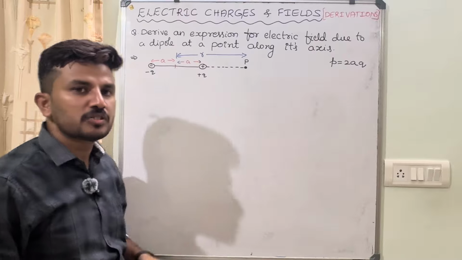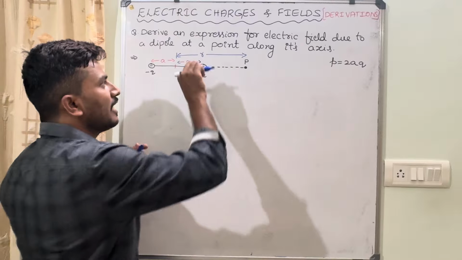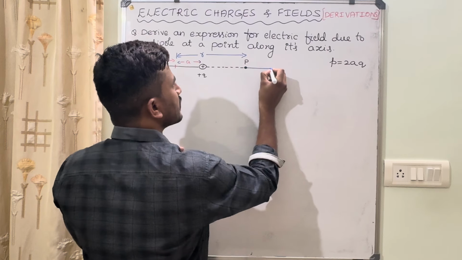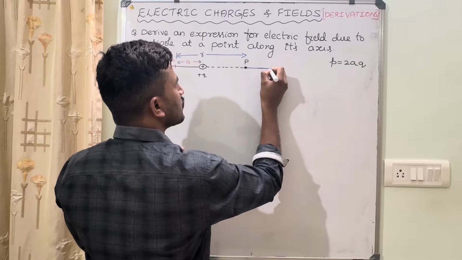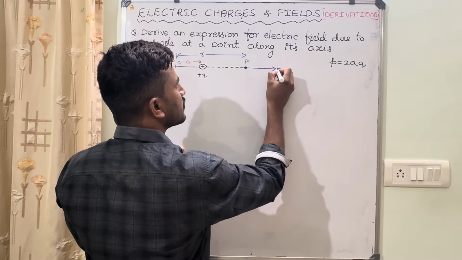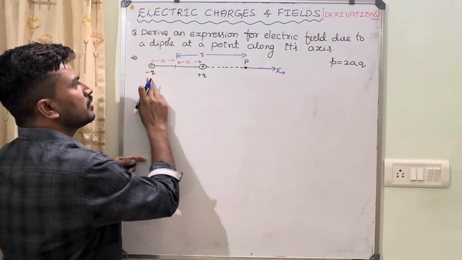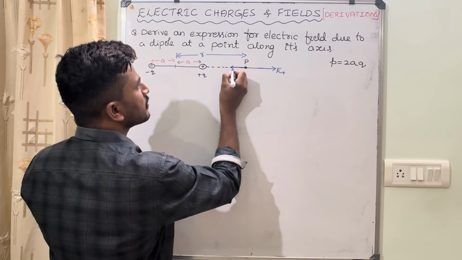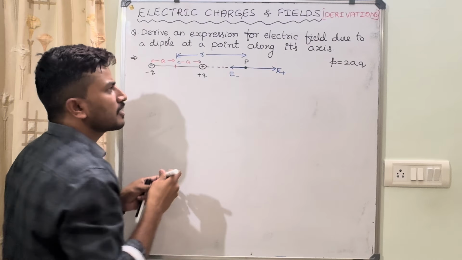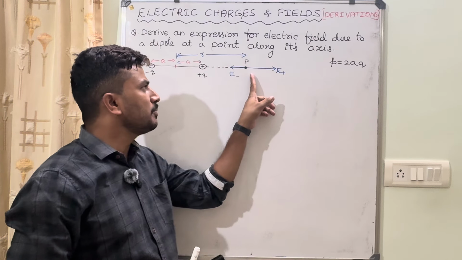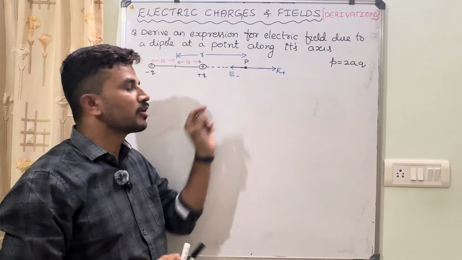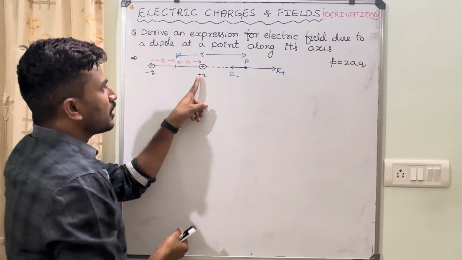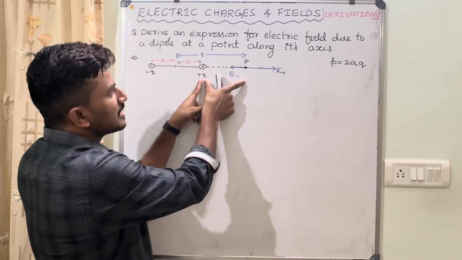Due to the positive charge, the electric field is radially outwards, so this will be outwards, E plus. Due to the negative charge, the electric field is inwards. Why have I drawn E plus bigger and E minus smaller? Because from the positive charge to this point, the distance is less.